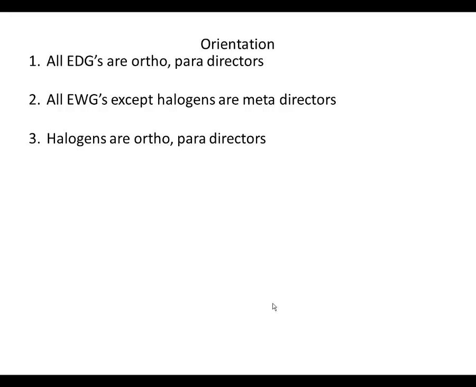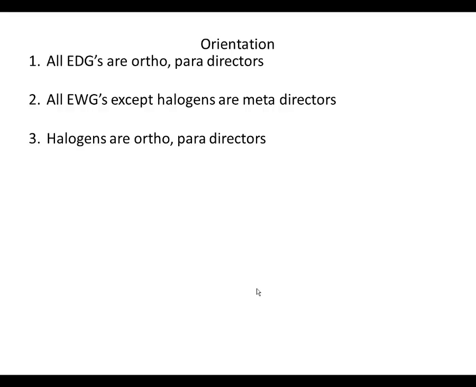We can summarize the rules of direction in three phrases here. Situation number one, all electron donating groups are ortho-para-directors. Situation number two, all electron withdrawing groups except halogens are meta-directors. And situation number three, halogens are ortho-para-directors.